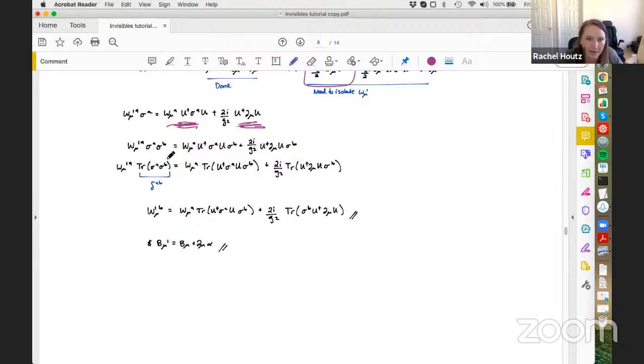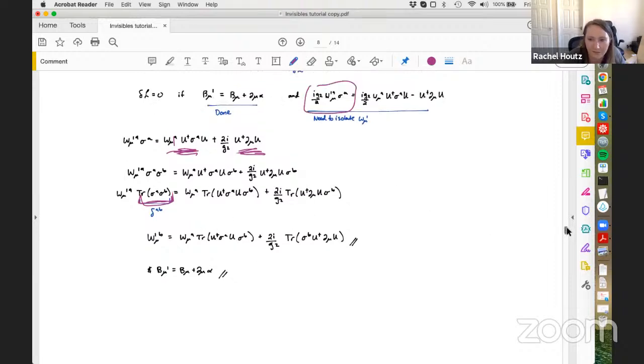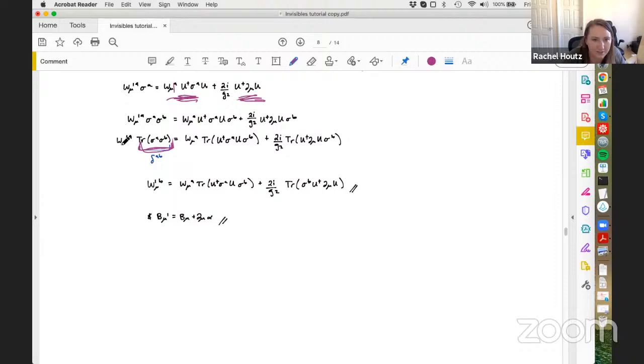One way to isolate W is to multiply both sides by sigma b, right? Because then on this side, you'll get this nice delta function. And so you'll get W living alone. So then we multiply through by sigma b on both sides here. And when you apply the delta function, W mu prime a becomes W mu prime b. And then you get this relationship where W transforms like W plus these times this plus this extra piece here.